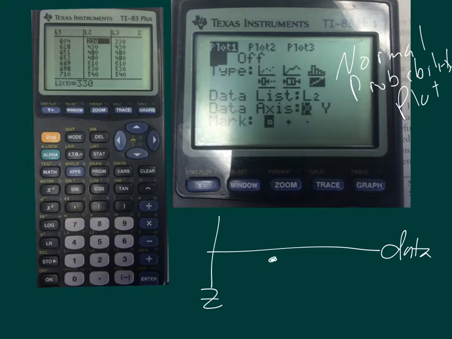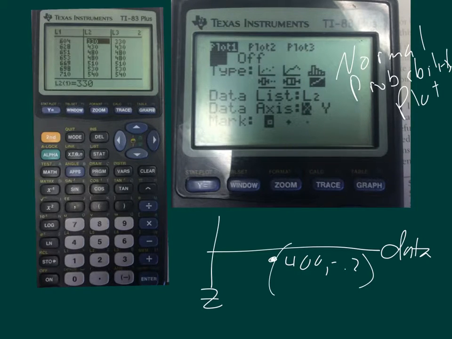So if I had a data point of 400, comma, negative 0.2, that means if the data were normal, the data point of 400 would have a standardized normal value of negative 0.2.